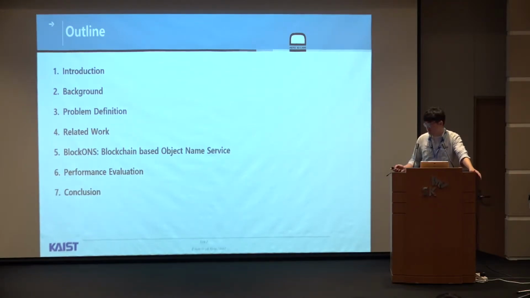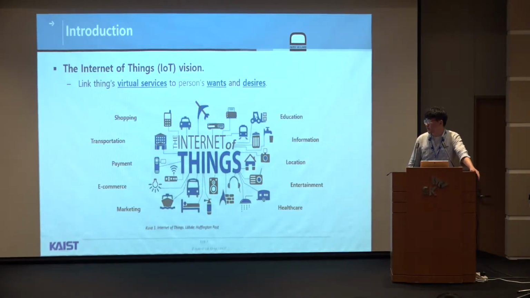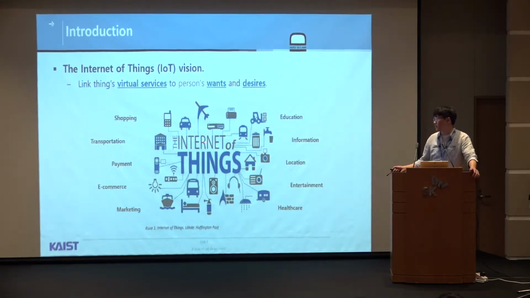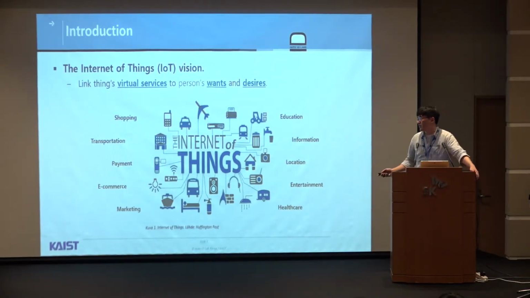my platform. The Internet of Things vision brings a lot of virtual services to people's wants and desires. So we need some special middleware to find the services in the Internet of Things.